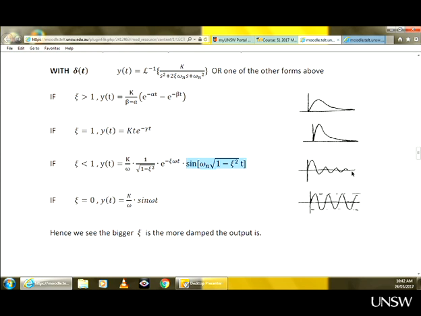So now this is the first time we see something strange: the output will oscillate, although the input is not an oscillatory function. The input is an impulse. The output is oscillatory. But the oscillations are damped.